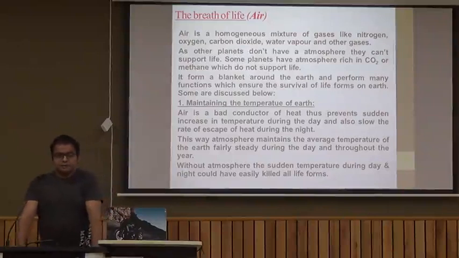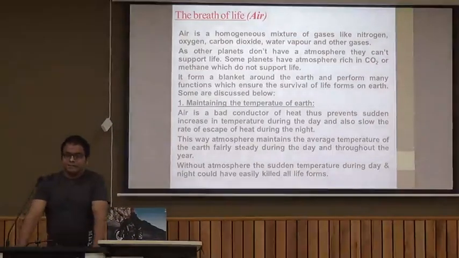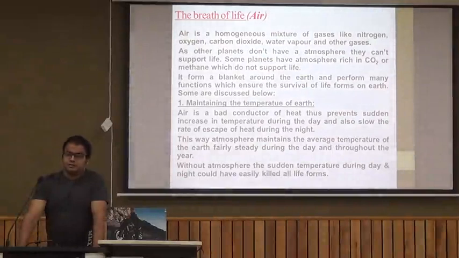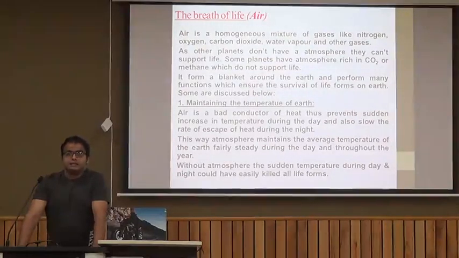Now what is air? Air is a homogeneous mixture made up of gases like nitrogen, oxygen, carbon dioxide, water vapors, etc. Now we all know that plants give us oxygen and take carbon dioxide in. Now what is special about Earth which gives it a life supporting system?